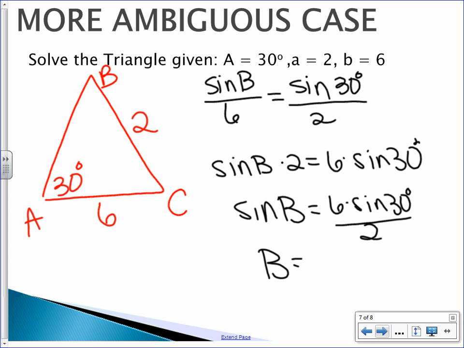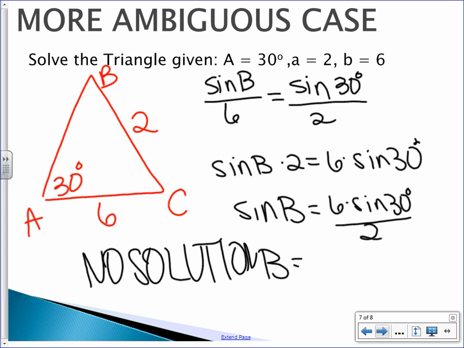Yours says error. What's the sine of 30, ladies and gentlemen? A half, right? What's 6 times 1/2 divided by 2? 1.5, right? Can we take the inverse sine? Is there an angle that's going to give us 1.5 for a sine value? No, because it's over 1. When you get an error in your calculator, that means we cannot find that angle, which means what? There is not a triangle. There is no solution.